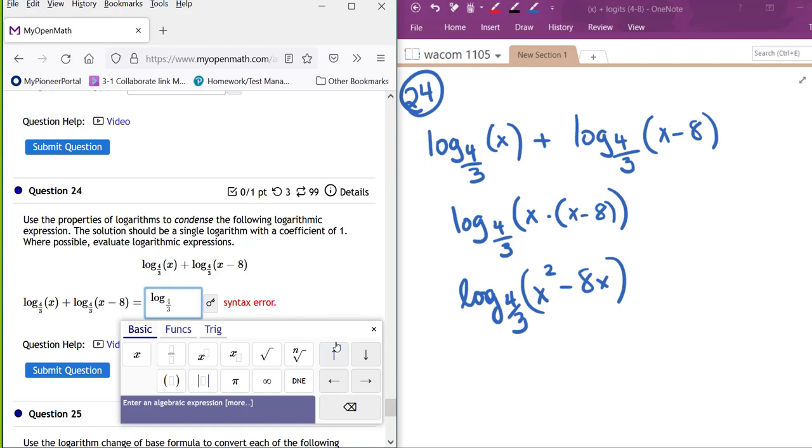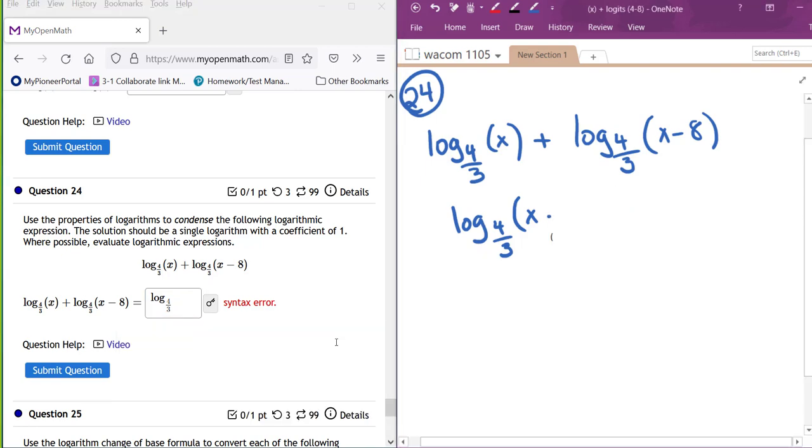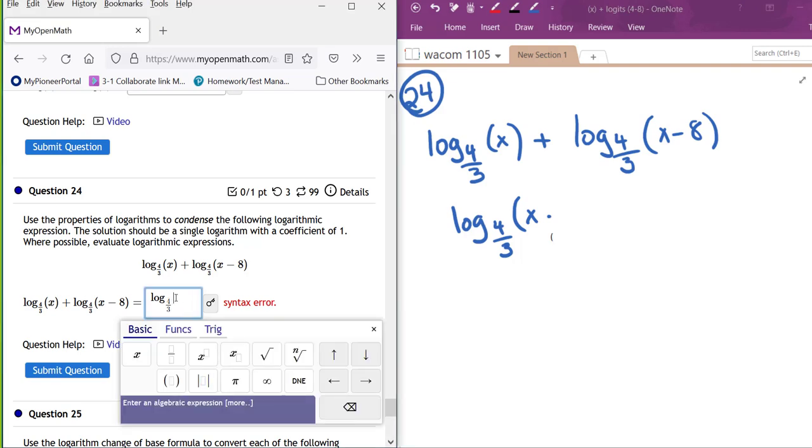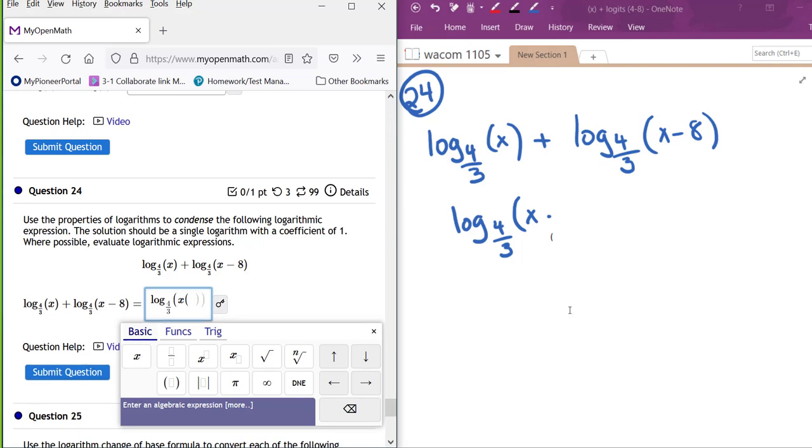And I'm going to enter it without multiplying. So I'll put the parentheses. I'm just doing this to see if it, okay, it didn't like my parentheses. X times x minus 8. And you would need a second parenthesis. So we'll see if it accepts that answer.